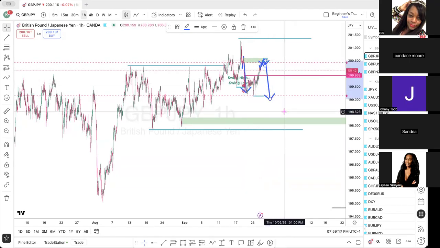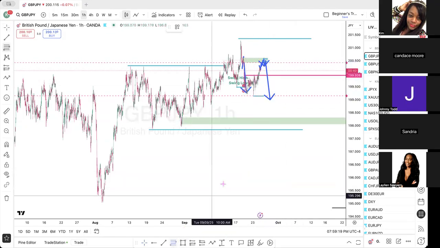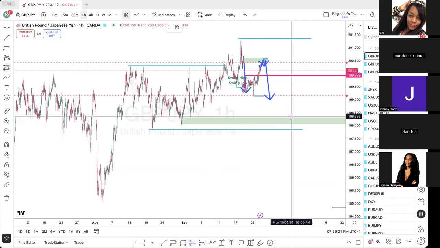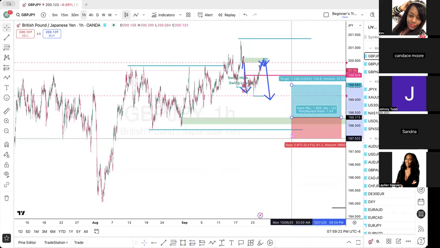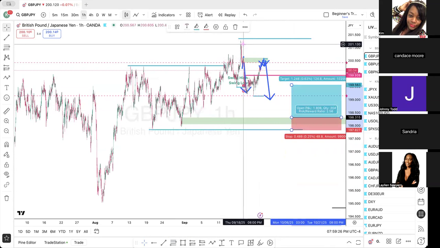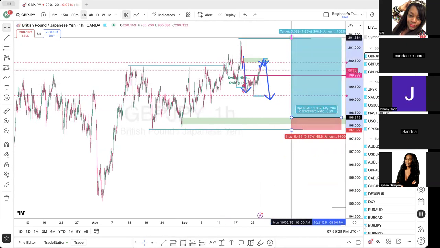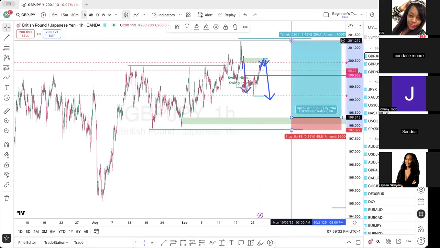Otherwise, I'm just waiting for price to pull back to this zone for the buy, because price is bullish up to this high. And in the videos that I show you, nine times out of 10, that is what they're going to do.